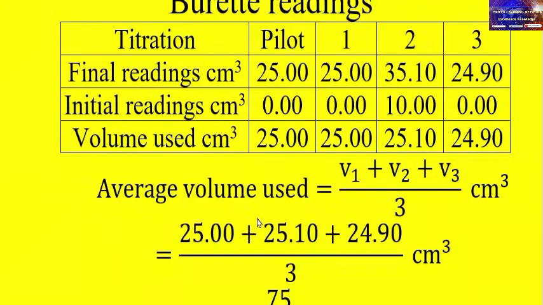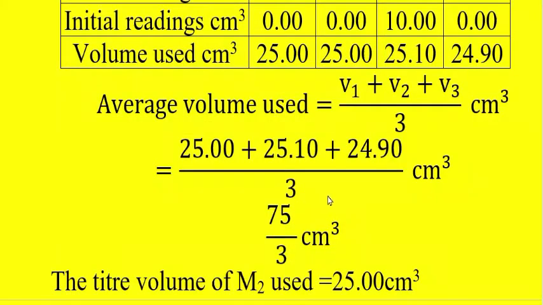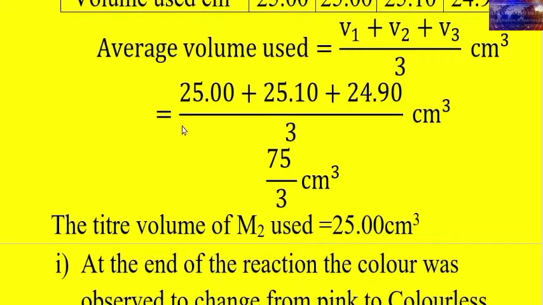After that, you have to show the average volume used. We take volume 1, volume 2, volume 3, divided by 3, and you see how it is calculated: 25 plus 25.1 plus 24.9, divided by 3. The titer volume of acid used to neutralize the volume of base was 25.